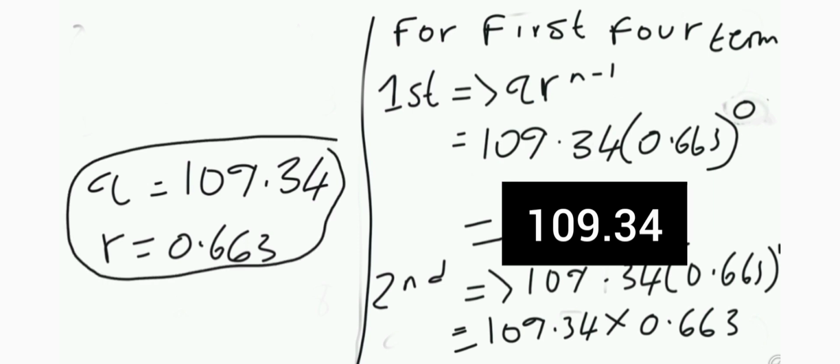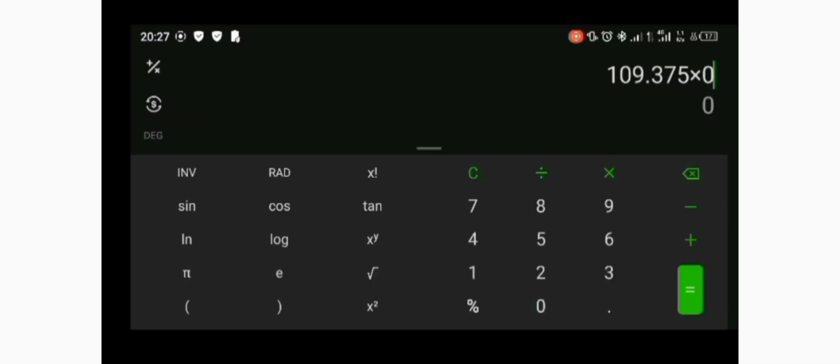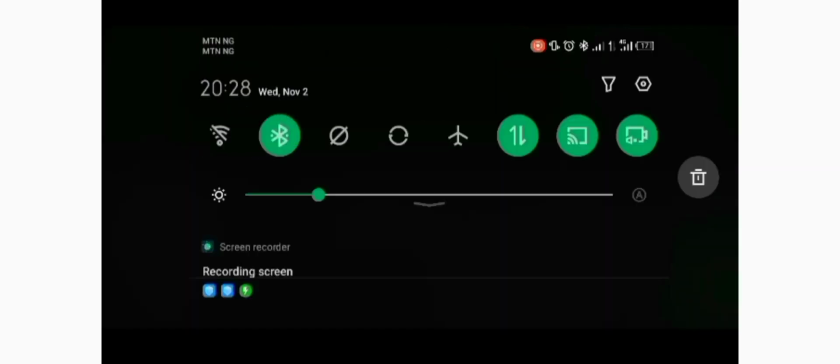I have the final answer for A, which is the first term, and R, which is our common ratio. So we're going straight to what we have when multiplying. I'll be showing you a live view of my calculator now. We have 109.34 times 0.663.